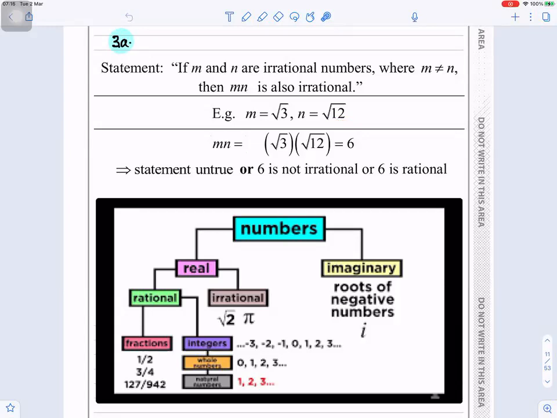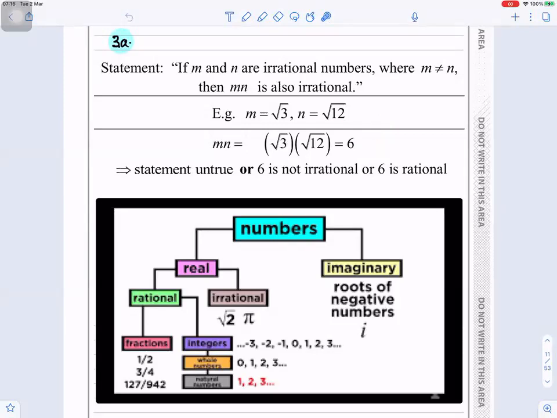Now, when you multiply them, m times n, square root of 3 times square root of 12. What does that give you? Put it in your calculator, you get 6. Or you can just do 12 times 3 and then square root, which is square root of 36, which is 6.